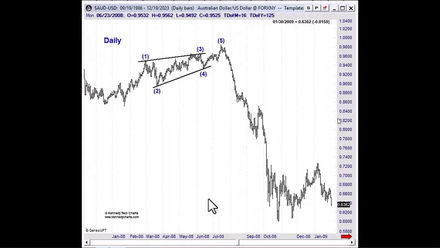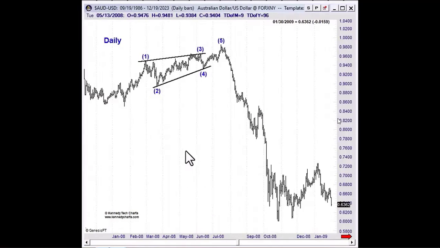Now, I remember specifically when I was preparing today's lesson, what's a good example of an ending diagonal? I remember it was the Aussie dollar, back in 2008, because a good friend of mine, a currency trader, and I were working together and analyzing and trading this ending diagonal in the Aussie dollar market.